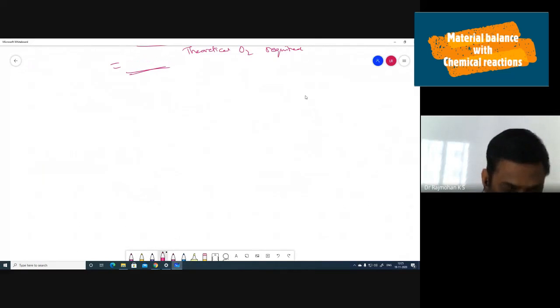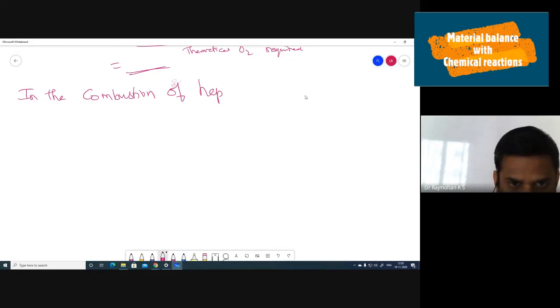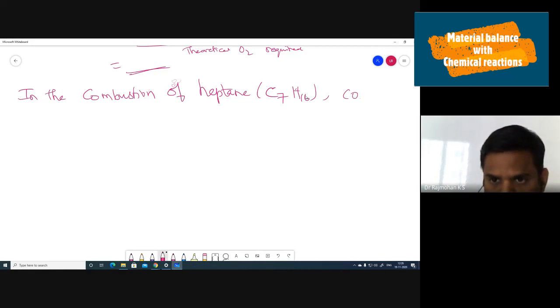Take down. In the combustion of heptane, C7H16, CO2 is formed.